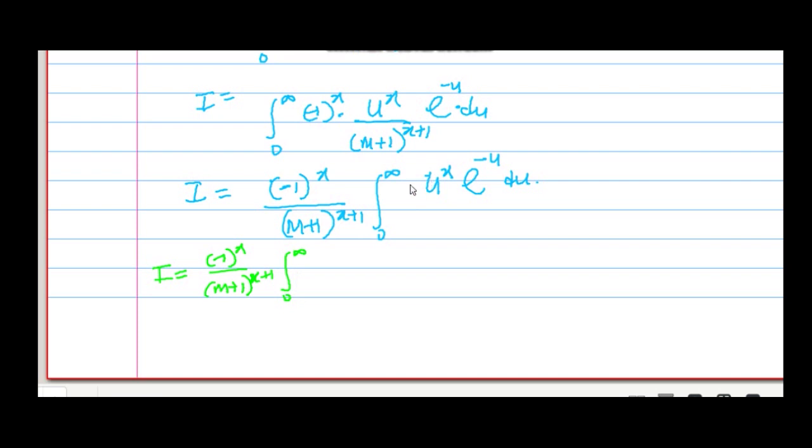Now let's look very critically at this. You can actually have this be u raised to the power of x plus 1 minus 1, of which x plus 1 minus 1 will still give you x. So you now have exponential minus u du.